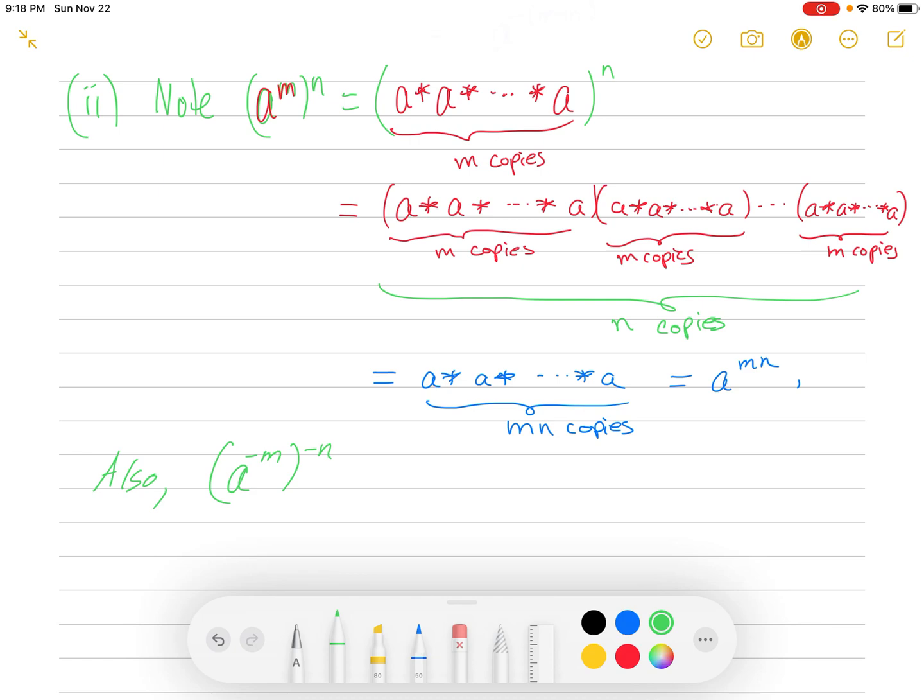Yeah, it's a little tricky. So first I'm going to start with the a to the minus m. That means I have a inverse starred, a inverse starred, a inverse, and there are m copies of that.